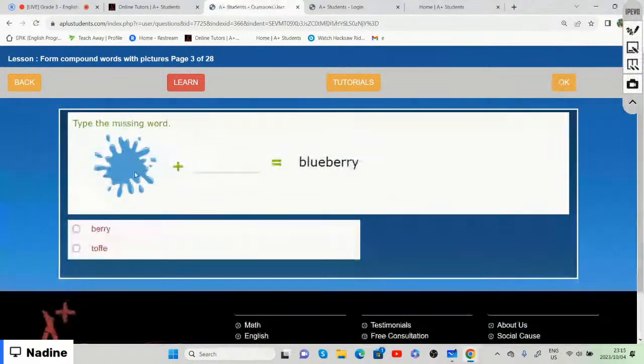Here we have the color blue. Blue plus what equals blueberry? Is it blue plus berry or blue plus tofu? And our compound word is blueberry.